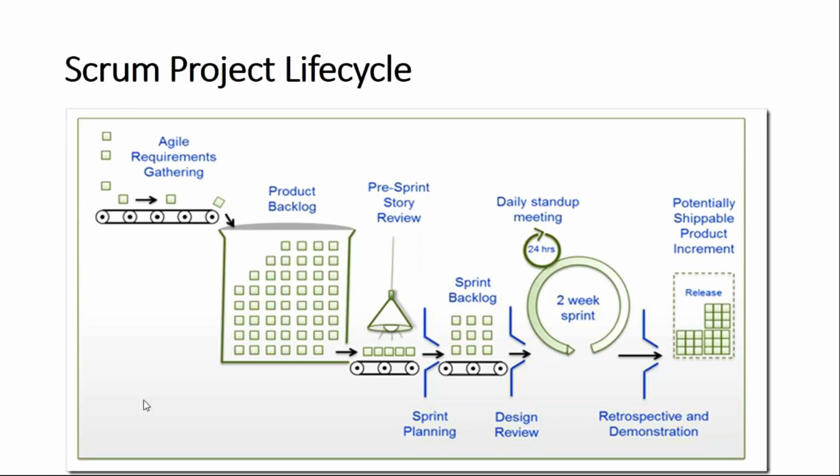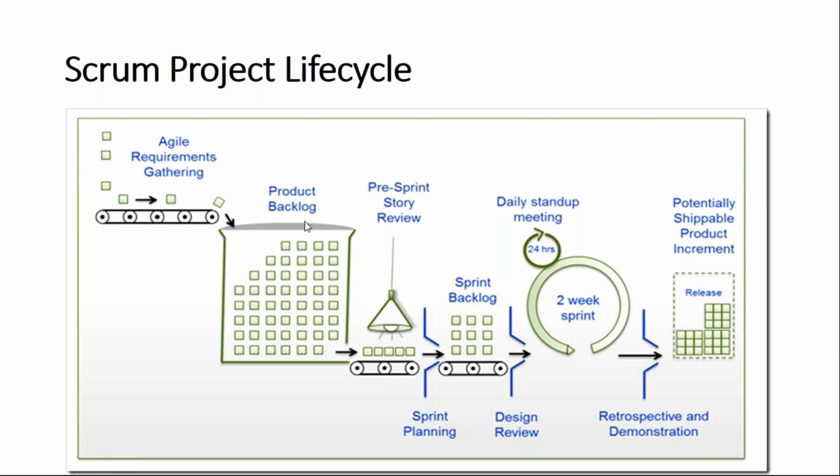So the next is, in case of a Scrum project, this is the entire life cycle, how it happens. Initially, if we talk about requirement gathering, it's an ongoing process. You'll see it is coming and getting dropped. In a typical waterfall, we used to have the Microsoft project plan, right?